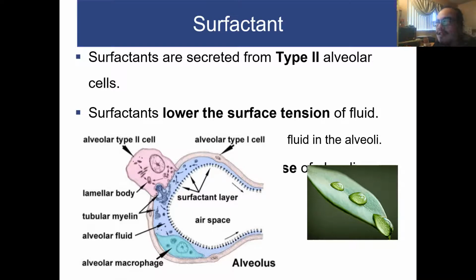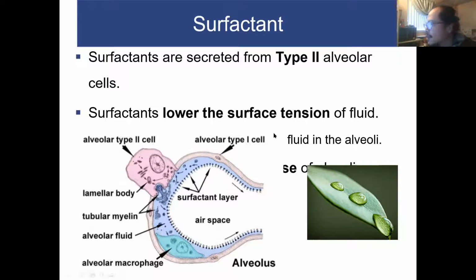The tricky part, the key here is a chemical or protein called surfactant. Surfactant is produced by the type 2 alveolar cells. So we have type 1 and type 2, and type 2 is the one that produces this surfactant. The function of the surfactant is to reduce the surface tension.